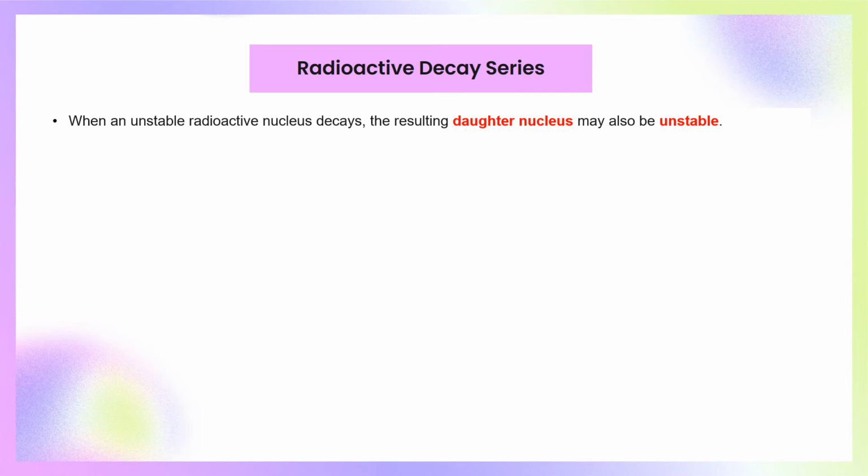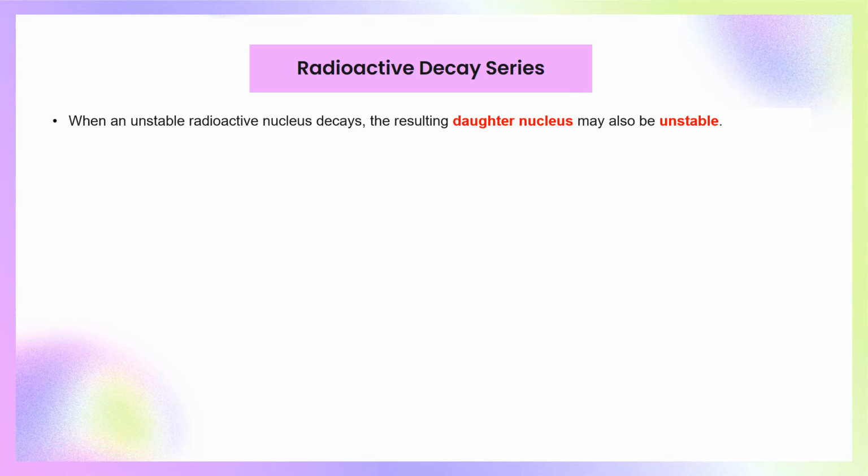For the next part, we are going to discuss radioactive decay series. When an unstable radioactive nucleus decays, the resulting daughter nucleus may also be unstable. This means the parent nucleus becomes a daughter nucleus, and the daughter nucleus is still unstable, so it needs to continue to decay until it becomes stable.